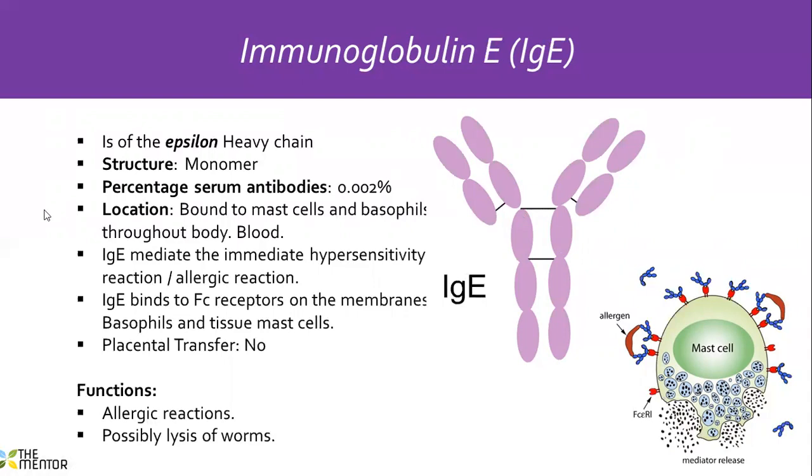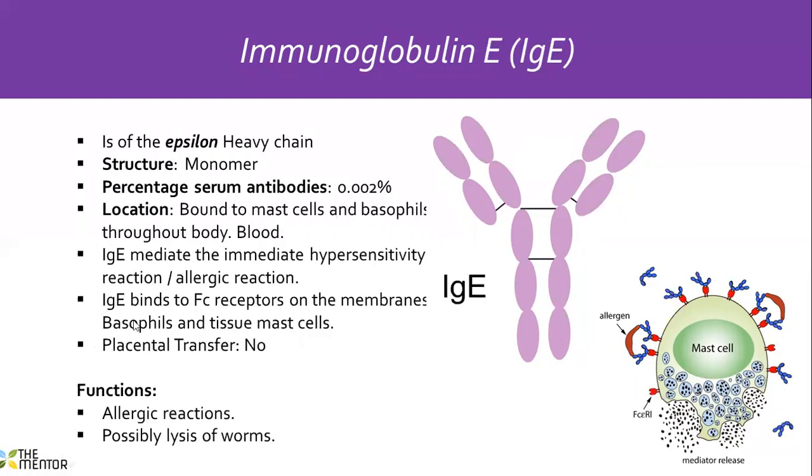So IgE mediates immediate hypersensitivity, because if it's found on the mast cells and you have an allergen, which is basically an antigen or a foreign body, and it attaches to it, it activates the mast cells through its Fc regions. We know mast cells have histamines or mediators inside, and once they're released, they cause that reaction that we call an allergy or a hypersensitivity reaction.